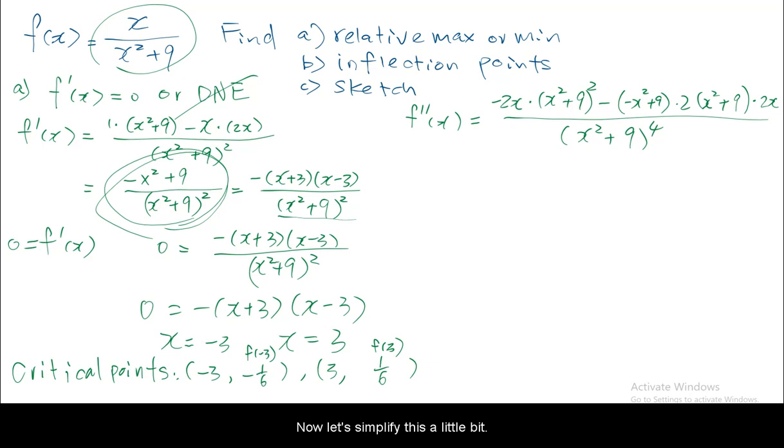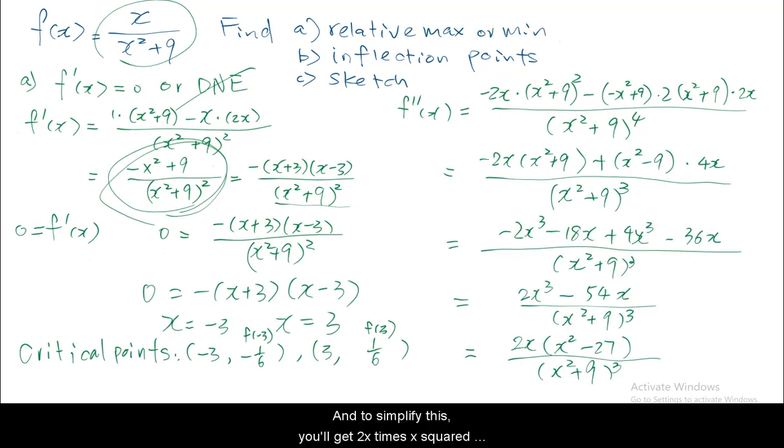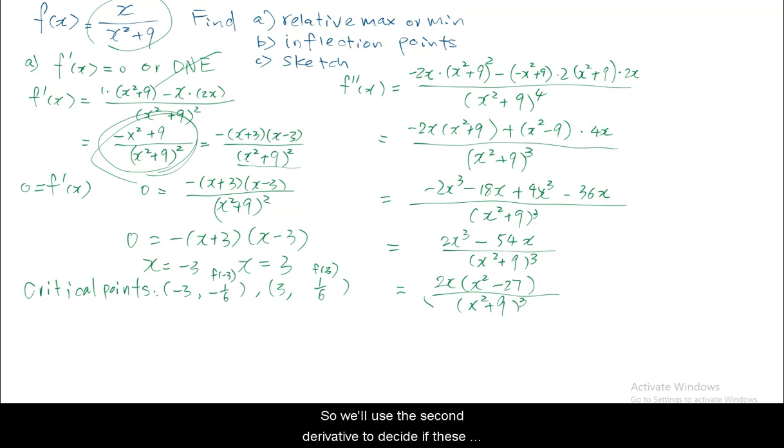Now let's simplify this a little bit. You'll get 2x times x squared minus 27 divided by x squared plus 9 to the 3rd power.